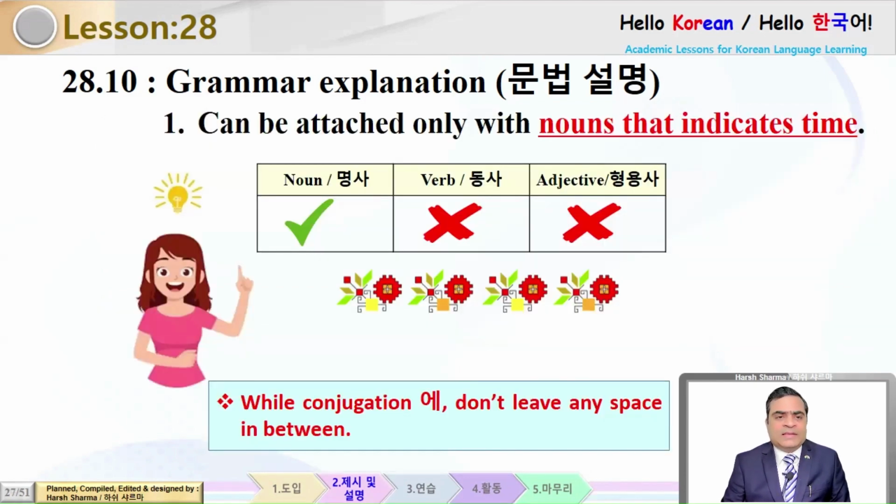Grammatical rules, see here. First condition, it can be attached only and only with nouns, and nouns are further divided into the time nouns. Don't be confused, you already know A has multiple uses, 여러분. So for telling the time, this A must be attached without any space with the time nouns only.